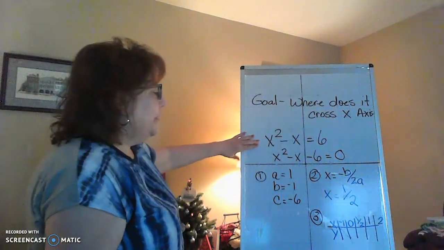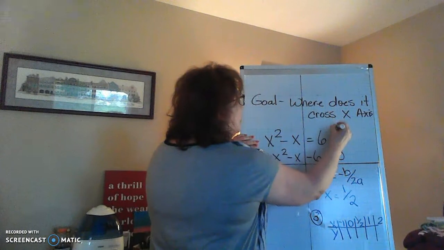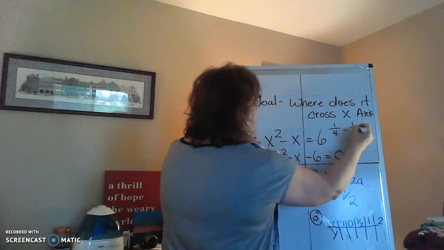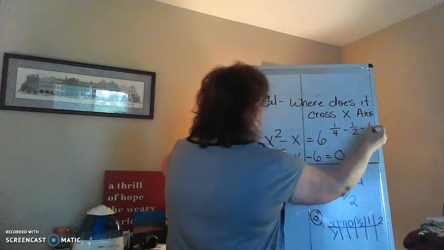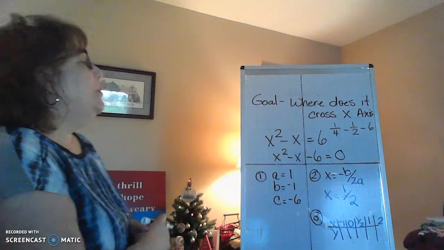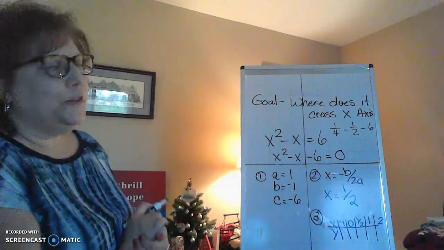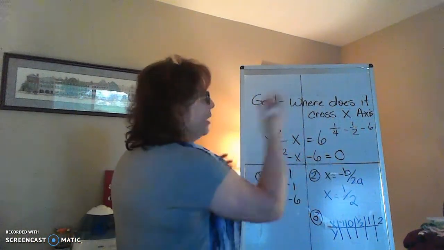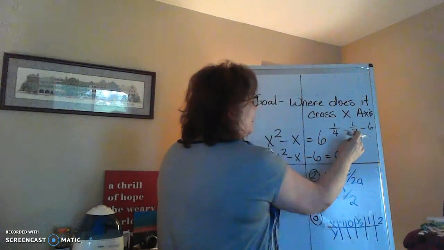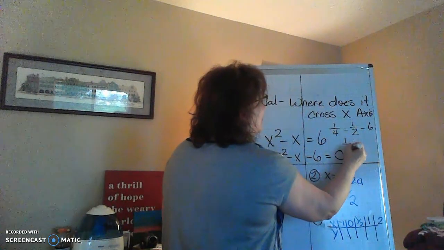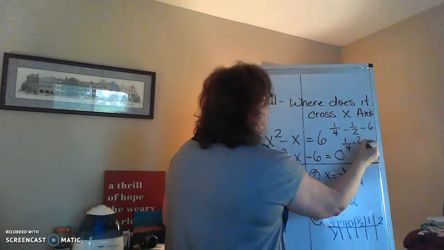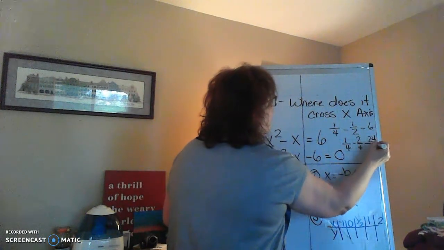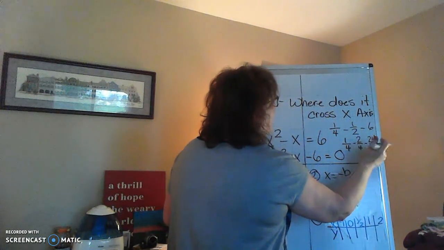So 1/2 times 1/2 is going to be 1/4, then minus 1/2 minus 6. So 1/4 minus 1/2, if you remember how to do your common denominator, we've got to change everything. So we're going to change this so that it's 1/4 minus 2 over 4 minus 24 over 4.